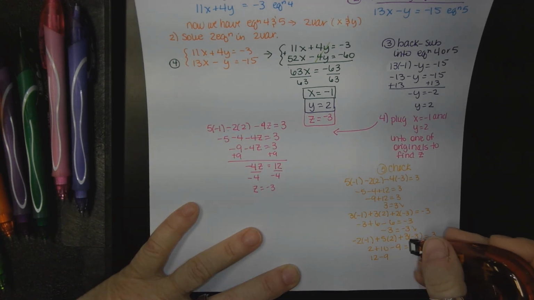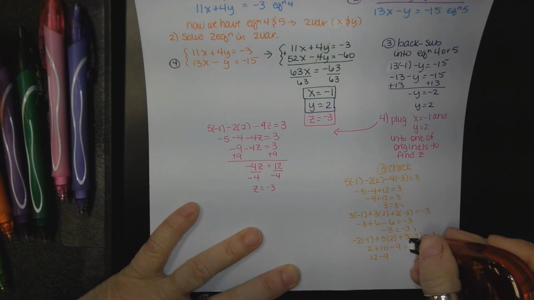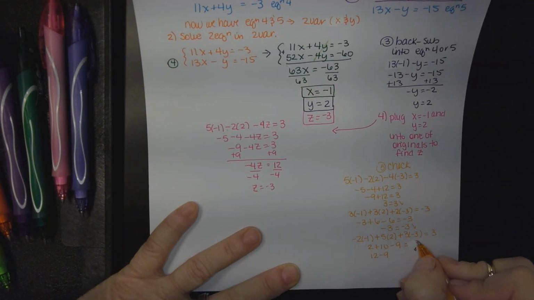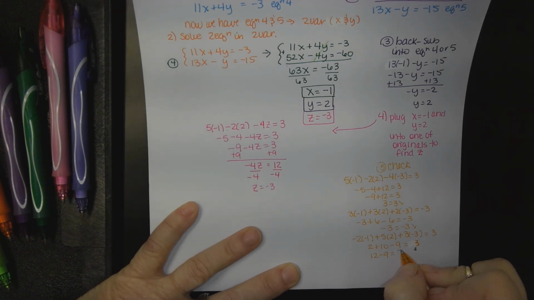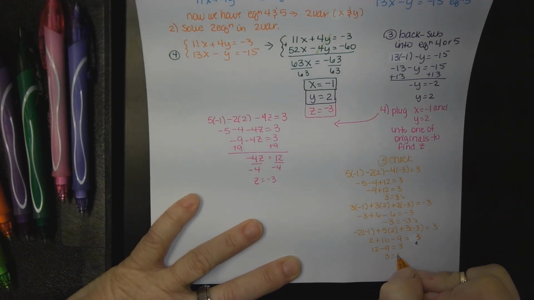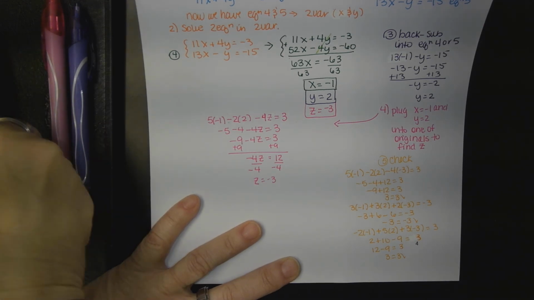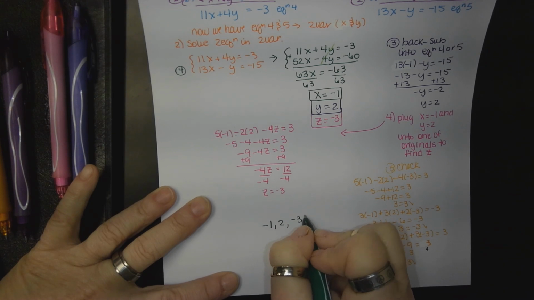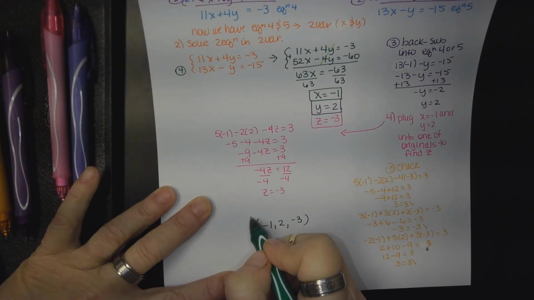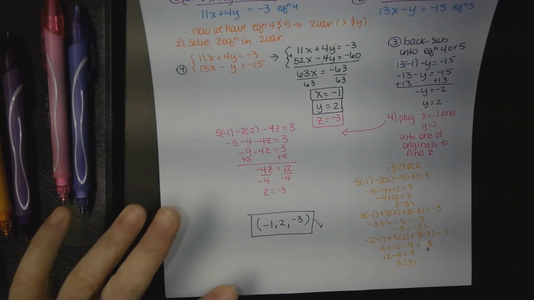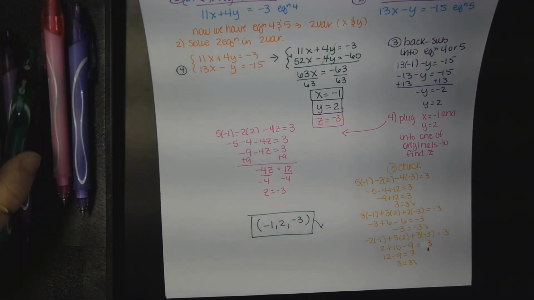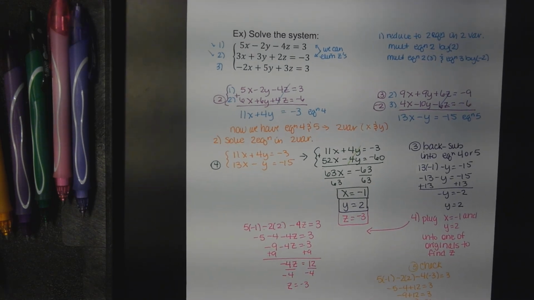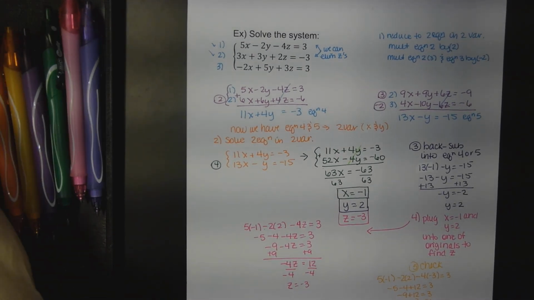That's a positive 3. The tape to work. There we go. Equals 3. Well, 3 equals 3, and that's true. So now we know that negative 1, 2, negative 3 is our ordered triple, and that is good. So we checked it. Okay? That's all 5 steps. A lot of work, right? For sure.